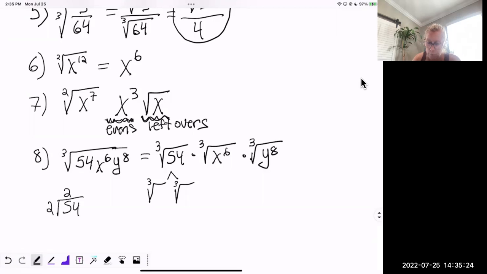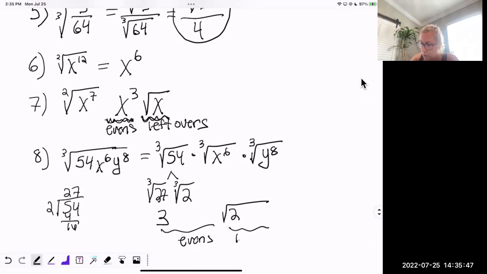So I have 2 times 27. Is 27 a perfect cube? Yep, because 3 times 3 times 3. So this breaks down to 27 times 2. That means 3 is my even. The cube root of 2 is going to be my leftovers. So this is my evens. This is my leftovers.